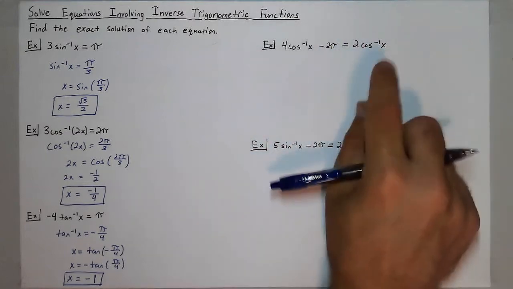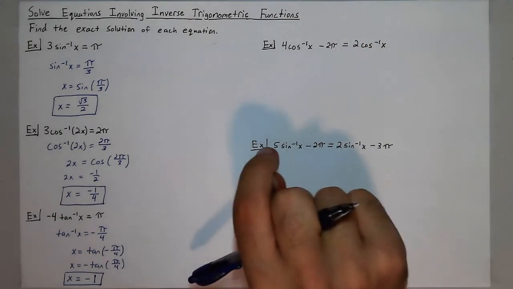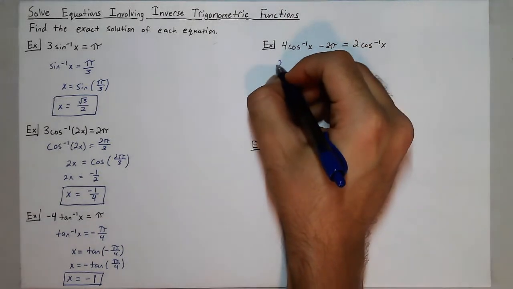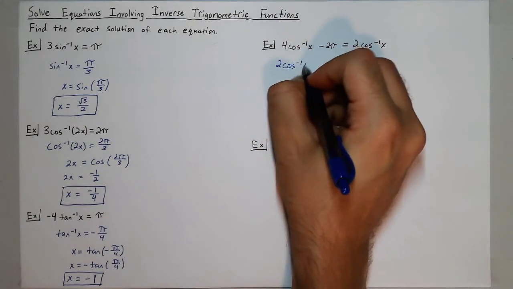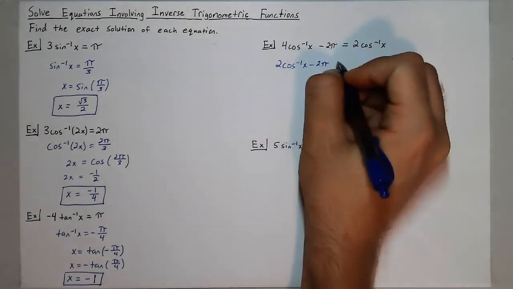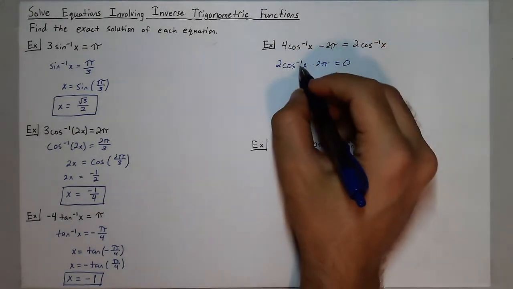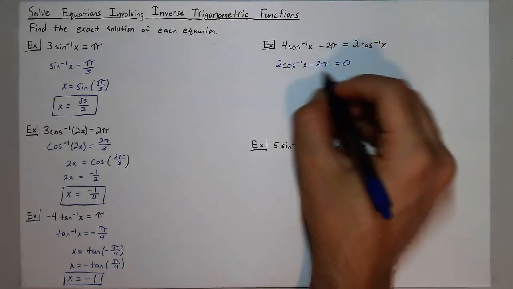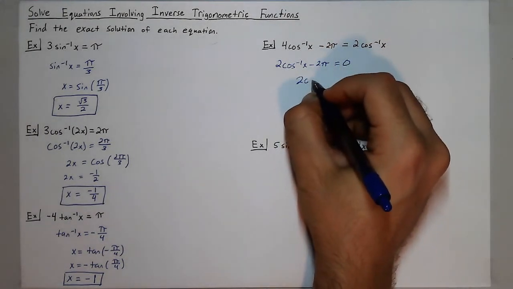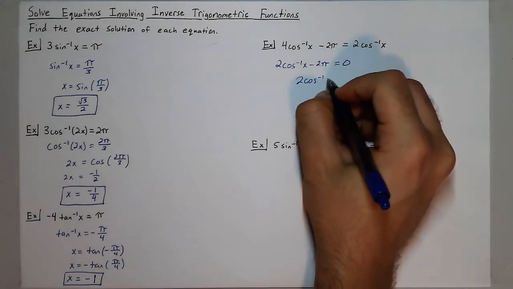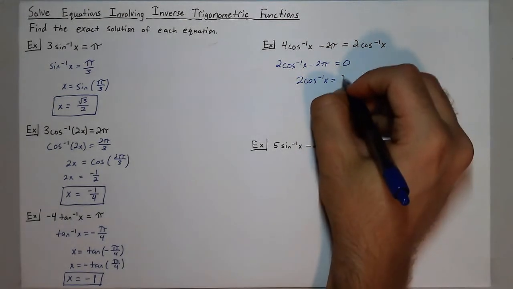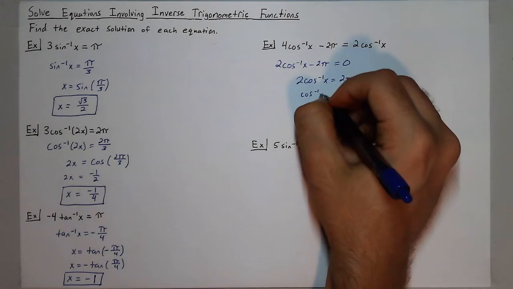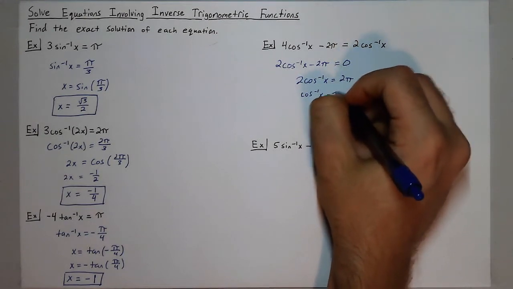So I'll subtract 2 cosine inverse of x from both sides of my equation, giving me 2 cosine inverse of x minus 2 pi is equal to 0. Now I'm going to start to get the cosine inverse function by itself on one side by adding 2 pi, and then dividing by 2, so cosine inverse of x is equal to pi.